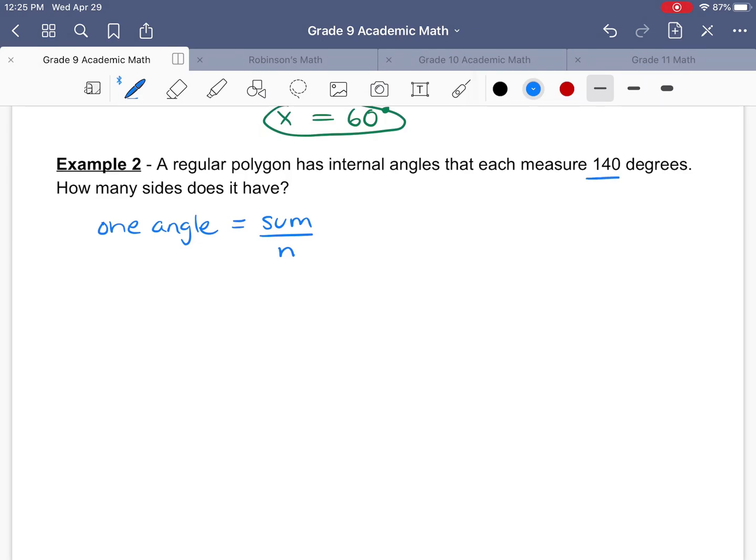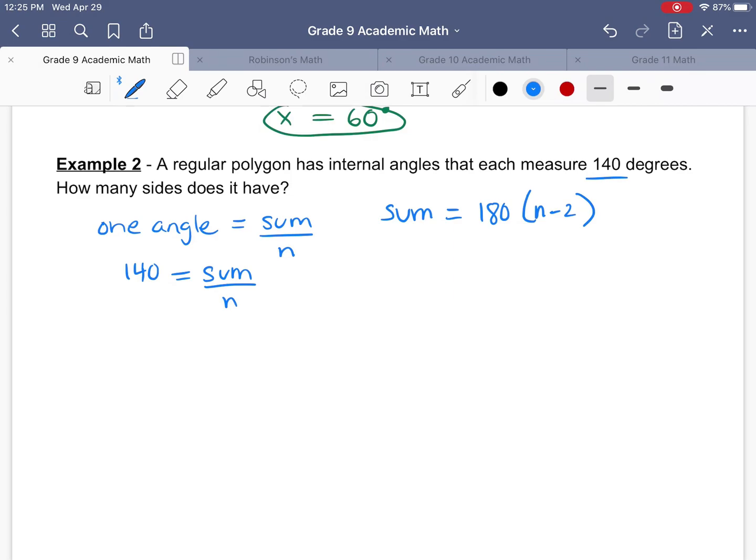So the only information we have so far is that measure of one interior angle, which is 140. So we have 140 is equal to the sum divided by n. Now we also have our sum equation, where sum of all the interior angles is equal to 180 times n minus 2.